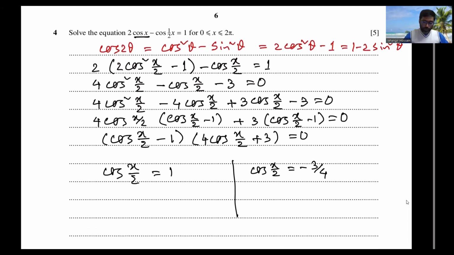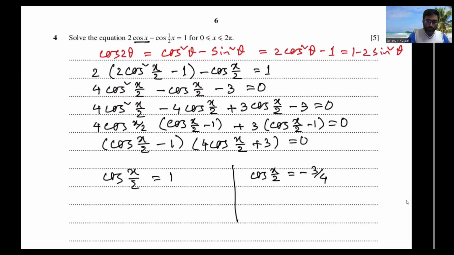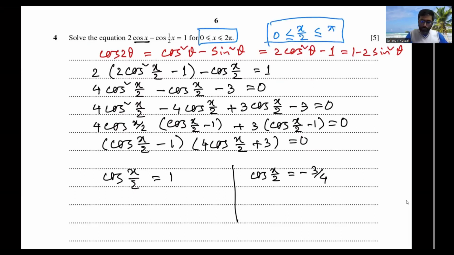Now, to solve it, we see the set of values of x in the given cycle. So the set of values for x by 2 will be 0 to pi, so that includes the first and second quadrant only. Now cos x by 2 is equal to 1.